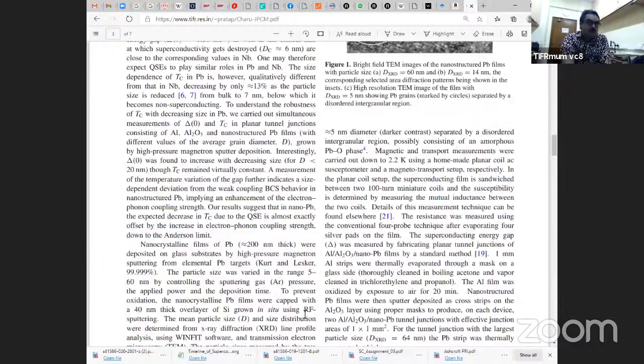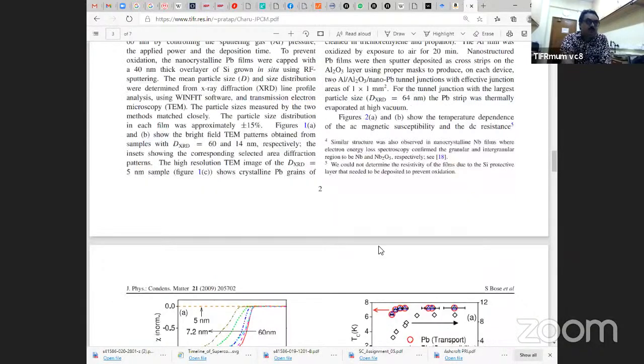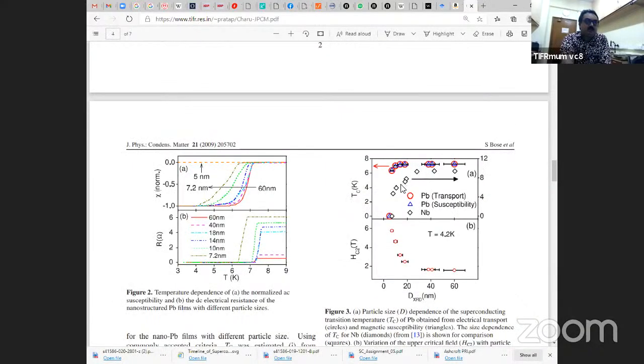Now, I will show you later on. So this is again the Anderson criteria that you see. I don't exactly remember what was the number in this case, but you have here the TC, which is fairly constant, and then it precipitously drops around I think 6 nanometer or 5 nanometer. I don't exactly remember the number.